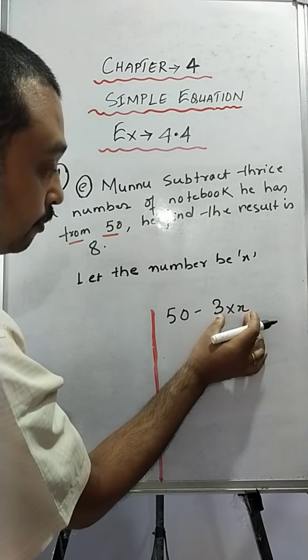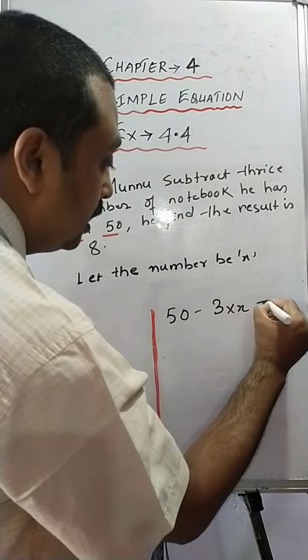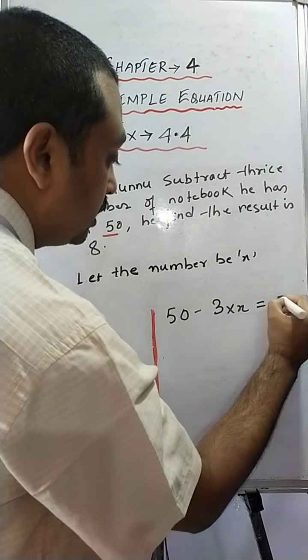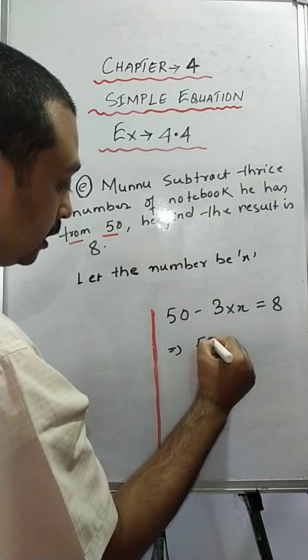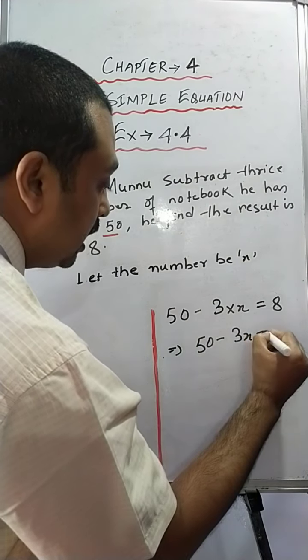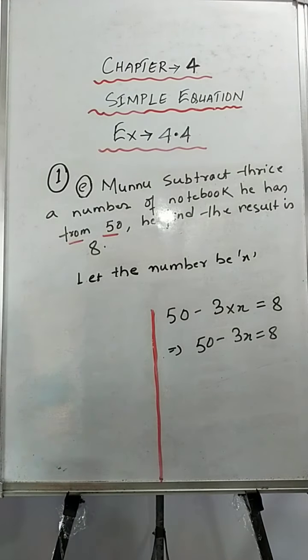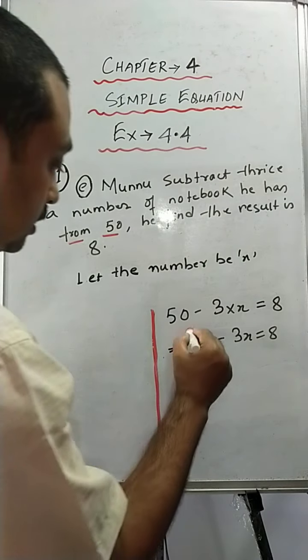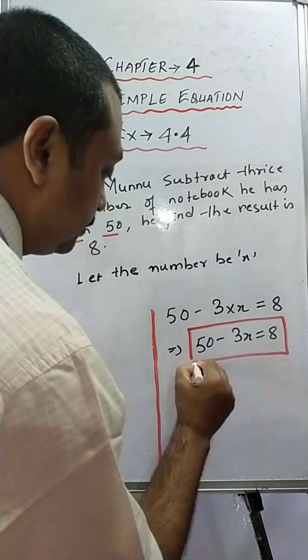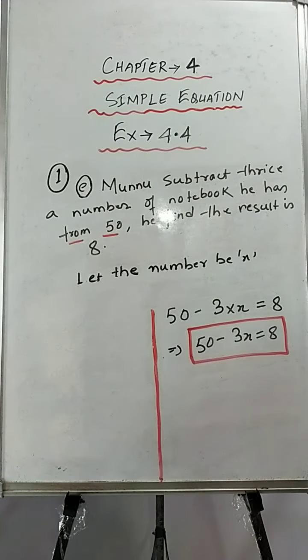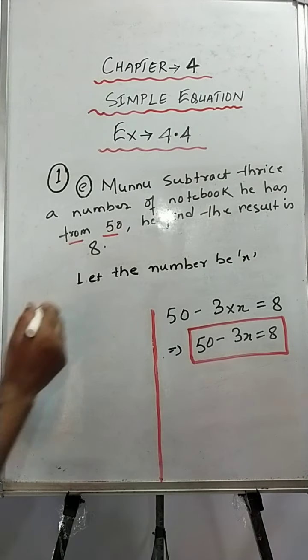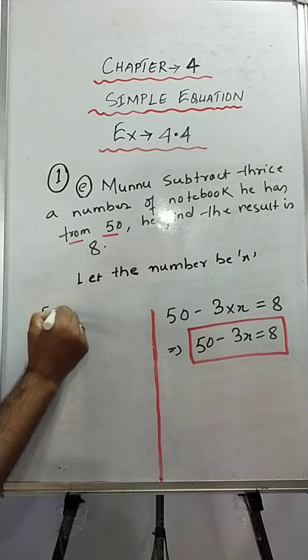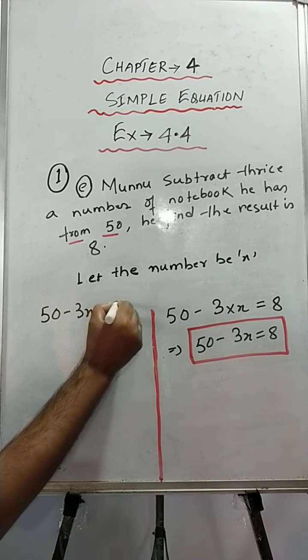So thrice a number when subtracted from 50, you get the result as 8. That is 50 minus 3x is equals to 8. Now we have to solve this.